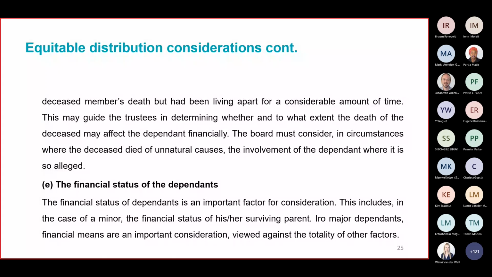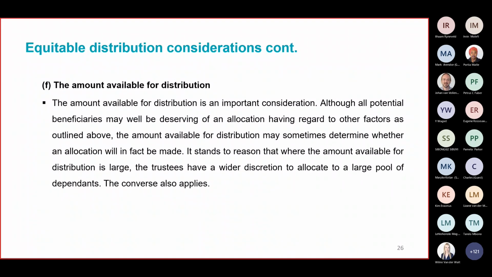Then last but not least, the amount available for distribution is also an important consideration, because although all potential beneficiaries may well be deserving of an allocation, having regard to other factors as outlined above, the amount available for distribution may sometimes determine whether an allocation will in fact be made.